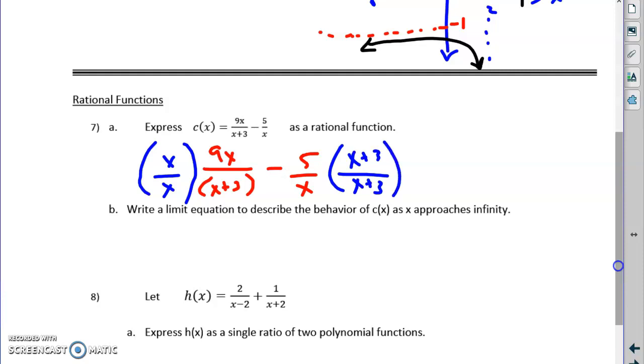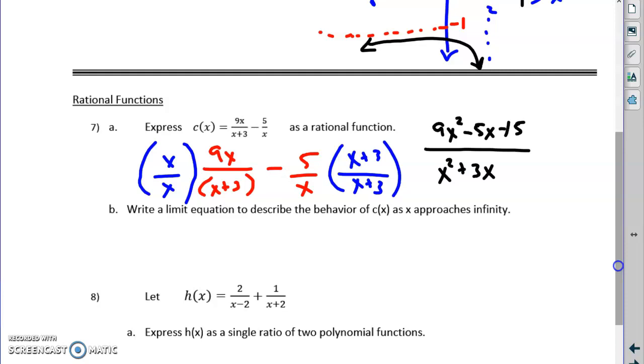Now we do a little bit of algebra that we like. 9x times x is 9x squared. -5 times x is -5x. -5 times 3 is -15. All over x squared plus 3x.